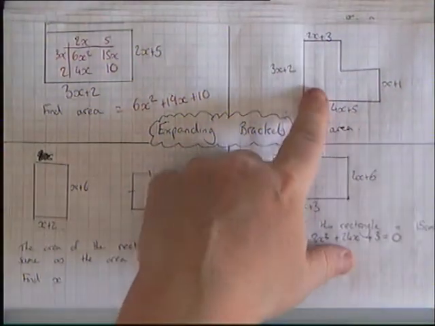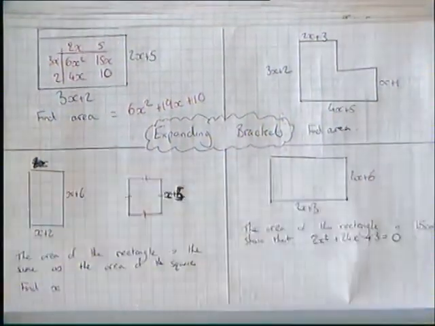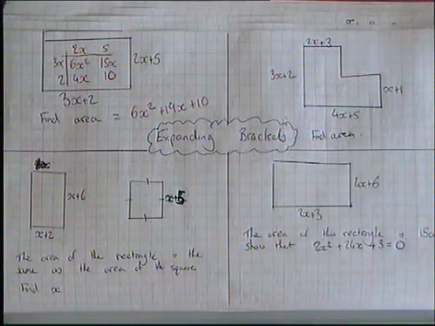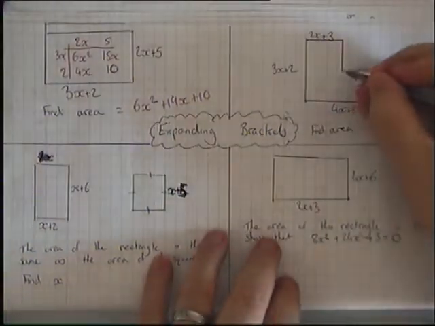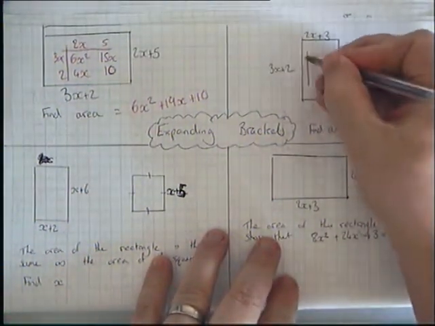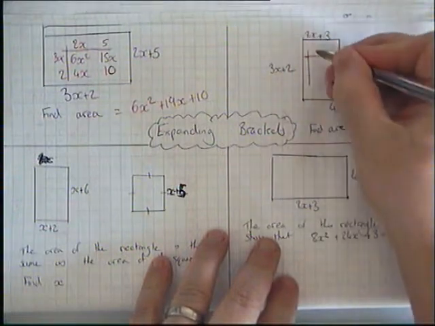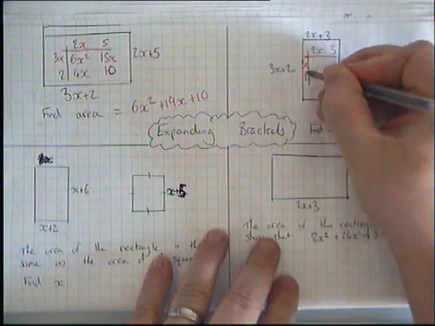Now, this one here, in order to find the area of what we call a compound shape, I'm going to have to either think of it as one big rectangle and take off this chunk at the top, or split it down into two rectangles. And I'm going to split it down into two rectangles. Now in this rectangle, to get the length times width, we're going to do 2x add 3 times 3x add 2.